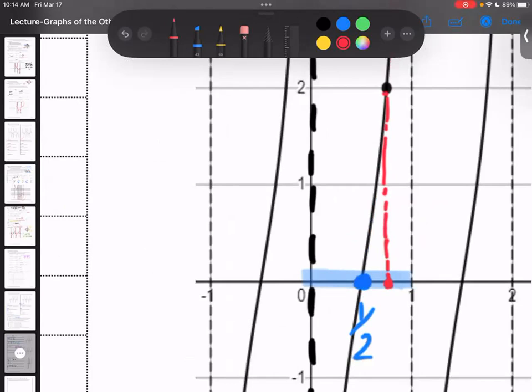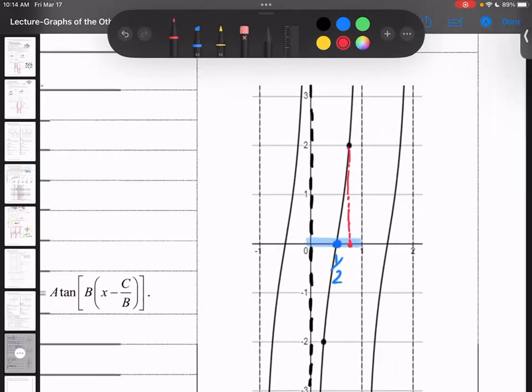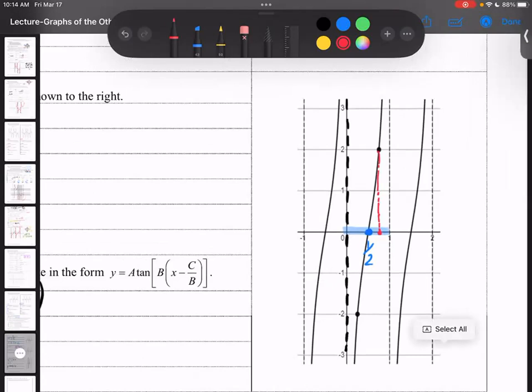Because this is 1/2, another 1/2. Halfway between the x-intercept and the vertical asymptote, so this is a quarter. A half plus a quarter, 0.5 plus 0.25 is 0.75, which is 3/4.